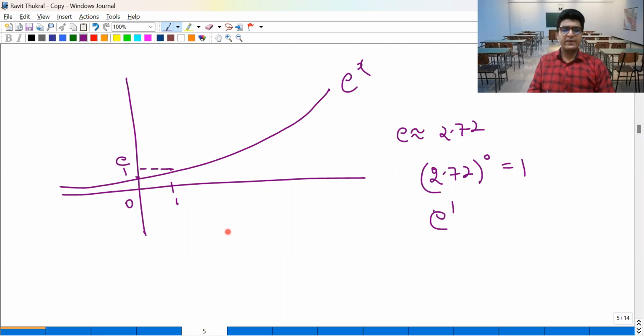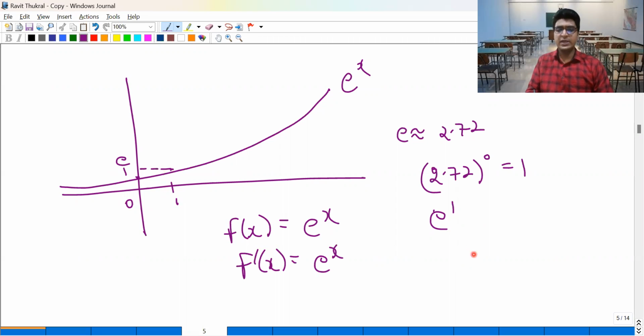So even if the function is e to the power x, I take the derivative of it. It is again equal to e to the power x. And the thing is, 2.72 approximately. If I take its power 0, I'll get 1. If I take its power 2, it will be a positive number squared. If I take its power to be minus 1, I'll get 1 upon 2.72, which is again positive.